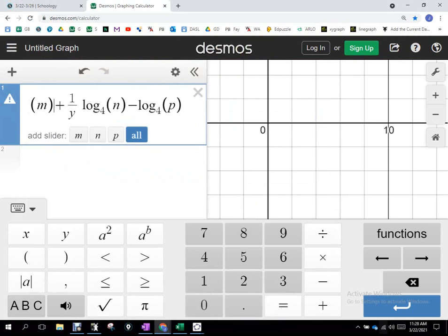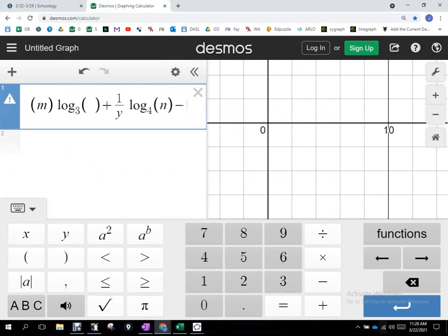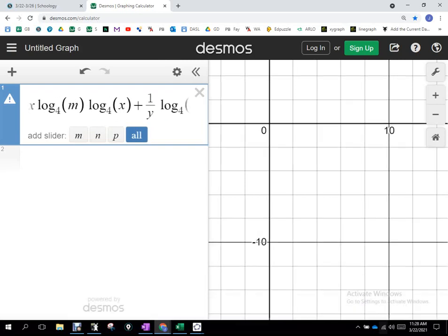Okay. That should be log base 4 of x. So that is the thing that we started with.